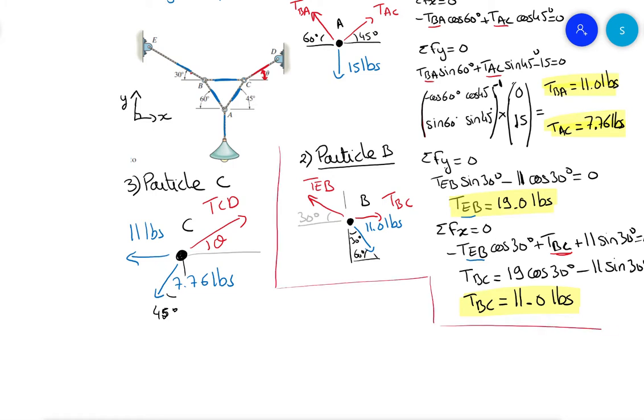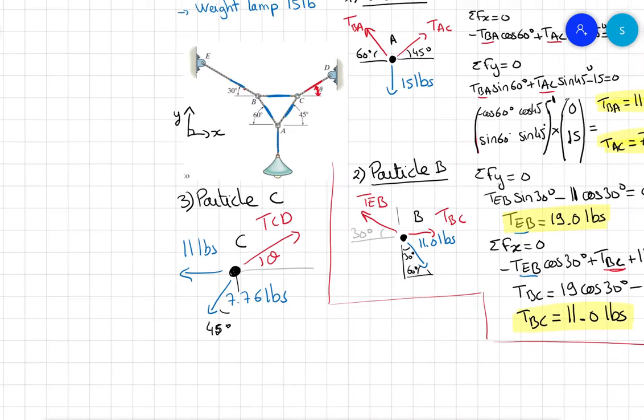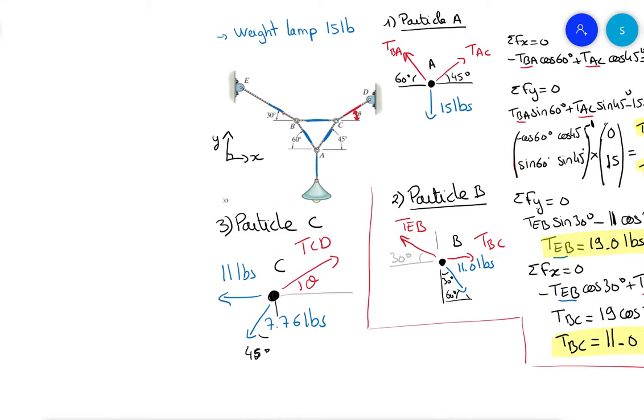Let me make it on the left. So when we do sum of the forces on X equals 0 from the particle C, what we have is TCD cosine theta minus 11 and minus 7.76 sine 45 equals 0.